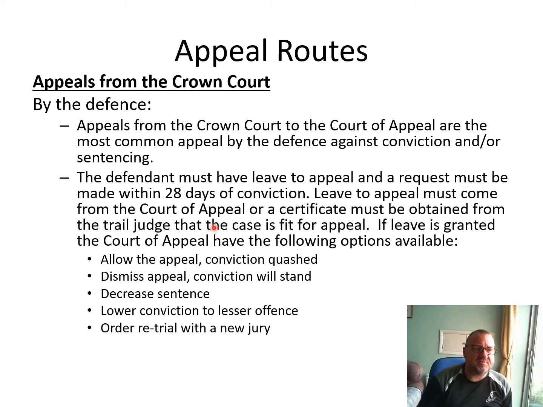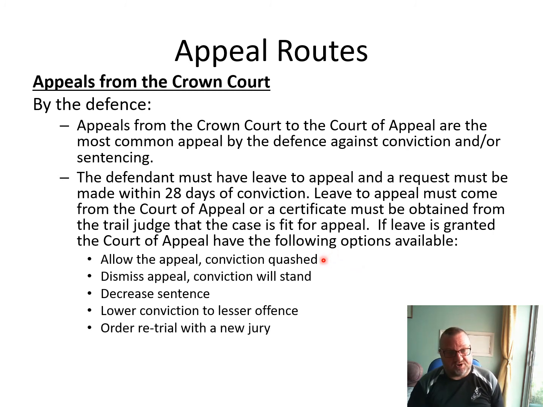If a defendant wants to appeal, they've got to do that within 28 days of the conviction, and they've got to get permission to appeal from the Court of Appeal, or they've got to obtain a certificate from the trial judge. I've spelt that trail, it should say trial, that the case is fit for appeal. So if leave for appeal is granted, then it's heard at the Court of Appeal, and the following could happen.